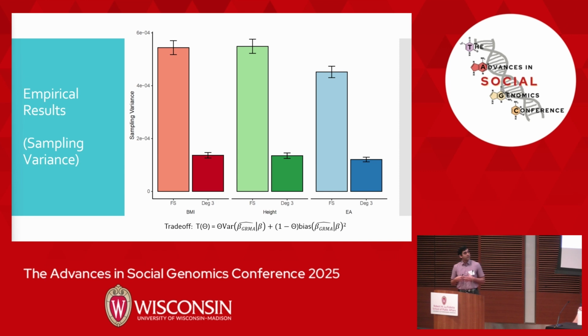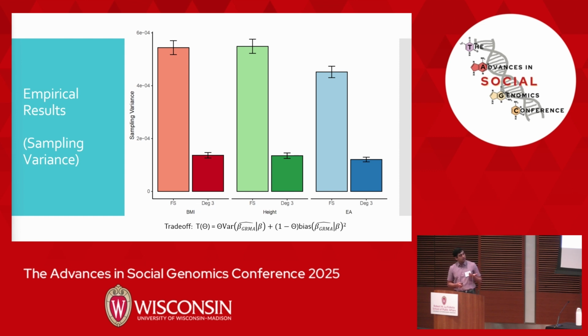Given these large decreases in sampling variance and the lack of increase in bias as we relax the relatedness threshold, a natural question to ask is when would a researcher prefer the siblings estimates over the degree 3 estimates?